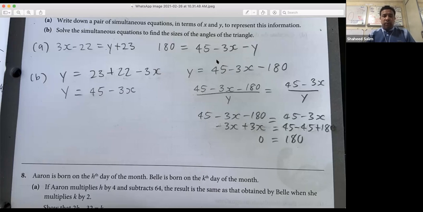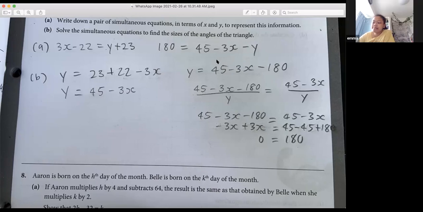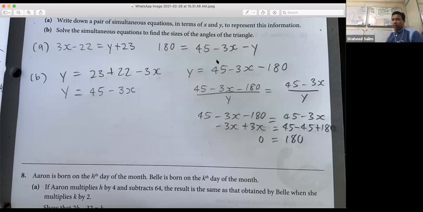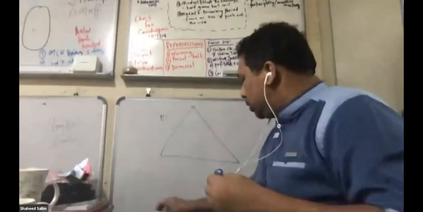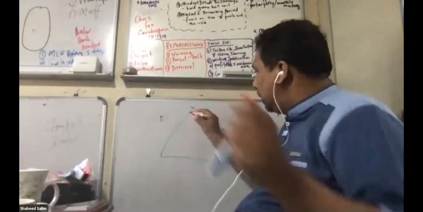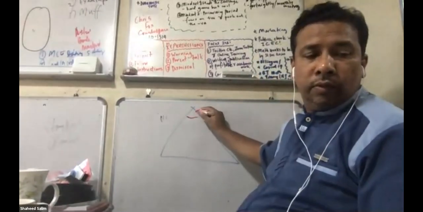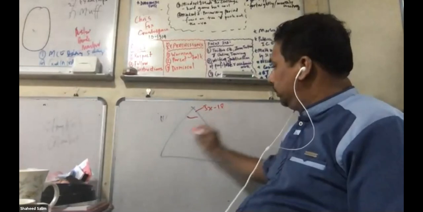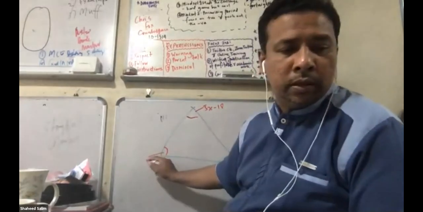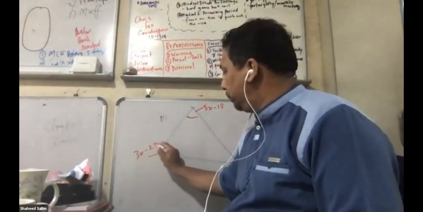Okay, hold on. I'm going to draw here. You have three angles, right? So now you have to make sure that first, this one down here is 5x minus 18. This one is 3x minus 22.